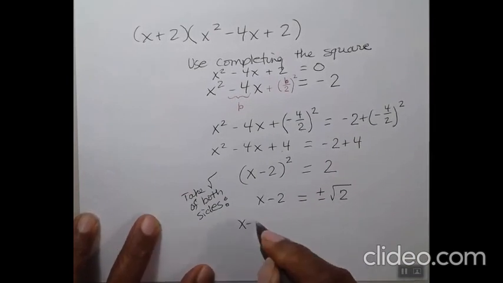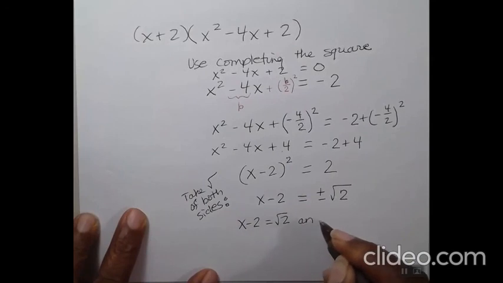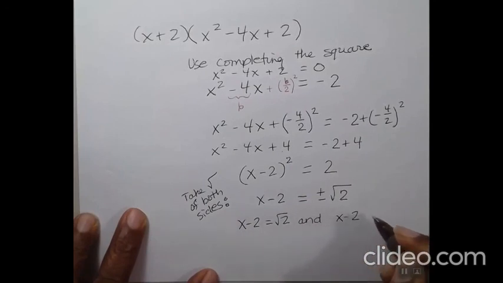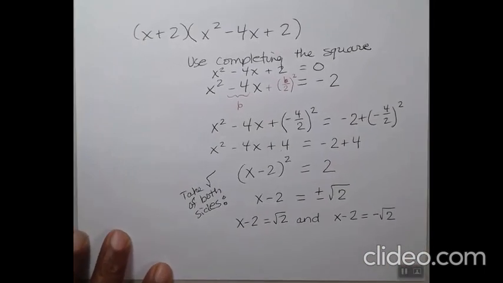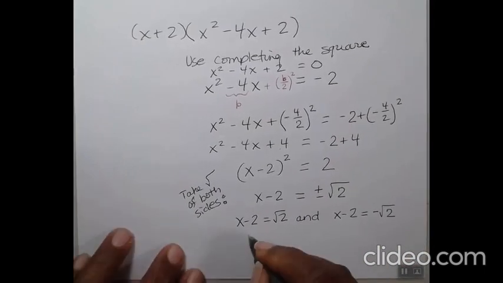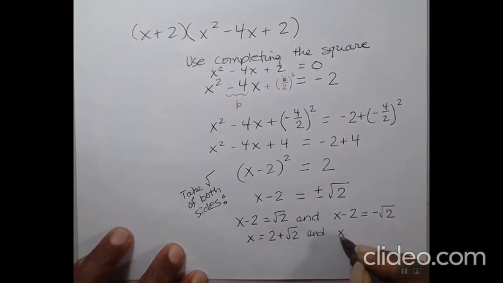So we have x minus 2 equals the square root of 2, and x minus 2 equals the negative square root of 2. Solving both of these for x, we're adding 2 to both sides. X equals 2 plus the square root of 2, and x equals 2 minus the square root of 2.